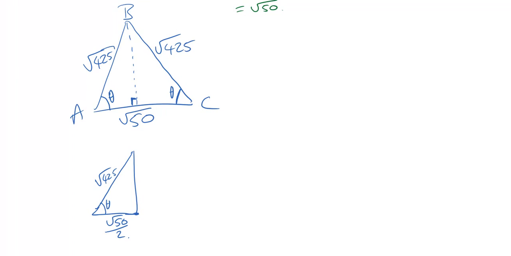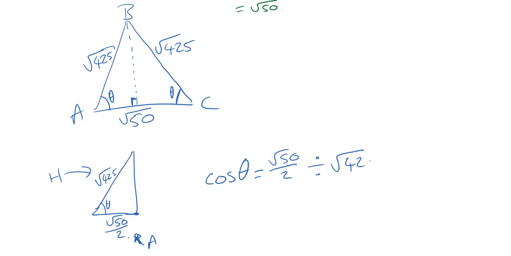Now we can use simple trigonometry to help us to work this out. We've got the adjacent side to the angle. We've got the hypotenuse to the angle. So that means that we can use the cosine ratio to help us. Cosine of theta would be root 50 over 2. That's the adjacent, divided by the hypotenuse, which is root 425.